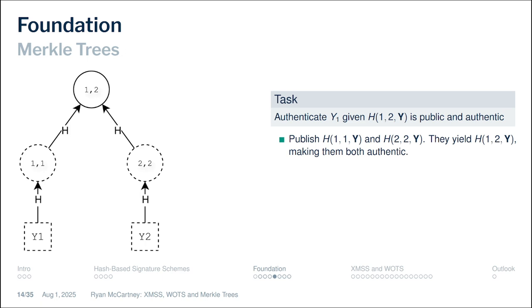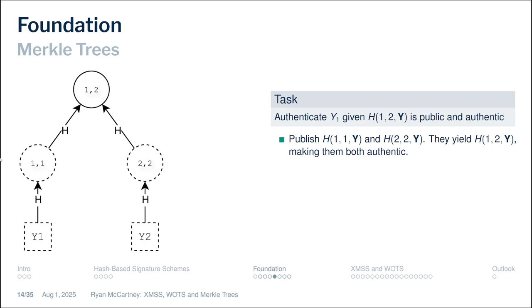And in order to now authenticate this y1, we publish this y1 together with additional information, so you can reconstruct this tree in a way that you arrive at this root node, and this should match in order for you to believe that this y1 is also coming from A authentically.